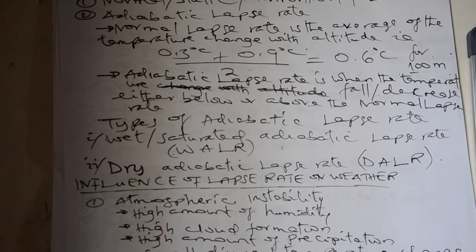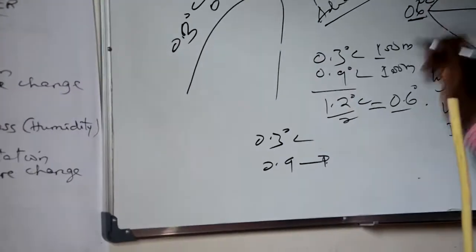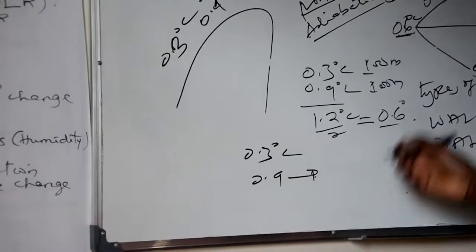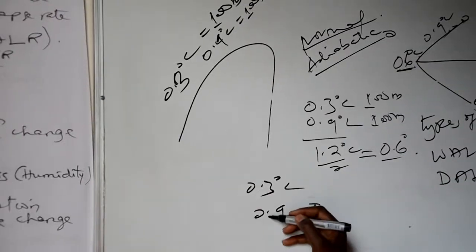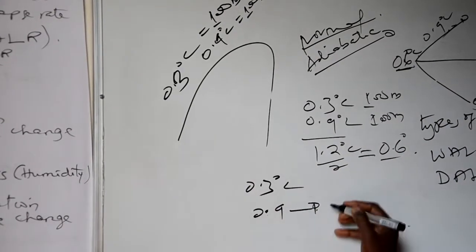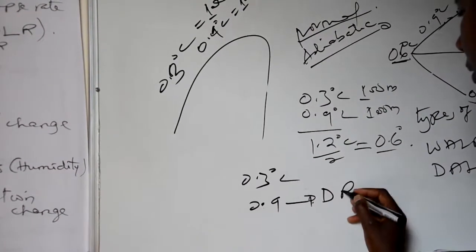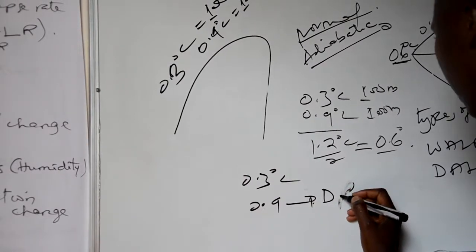The below is 0.3 degrees centigrade, and the above is 0.9 degrees centigrade. Therefore, dry adiabatic lapse rate is when air expands and cools at a rate greater than the normal lapse rate, which is 0.9 degrees centigrade.